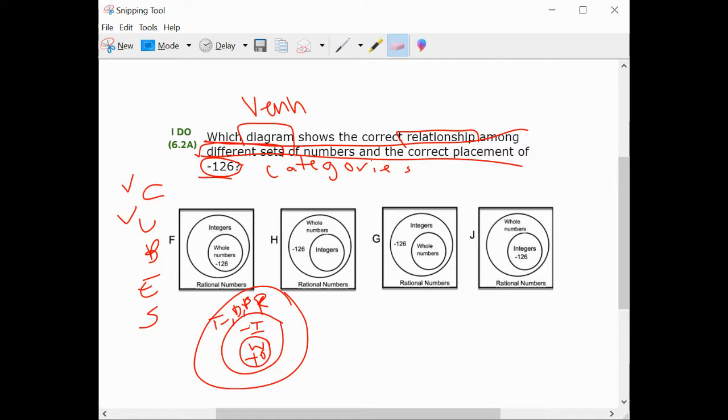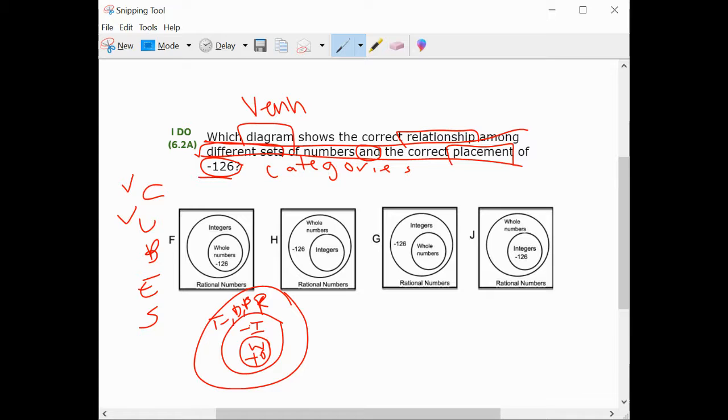Okay, I need to make sure, first of all, that the Venn diagram I choose shows that relationship in that order, with rational numbers as the biggest, then integers, then whole numbers. But I also need to figure out what else. It says the correct relationship among different sets of numbers and the correct placement of negative 126. Well, before I let the diagrams confuse me, I'm just going to put negative 126 in my own diagram.